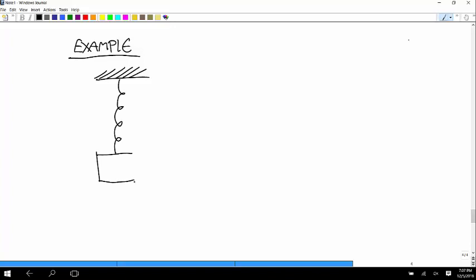Here's the spring and the mass. Let's use these same numbers again and see what the effect is of gravity interacting with this. The spring constant again is 400 newtons per meter.